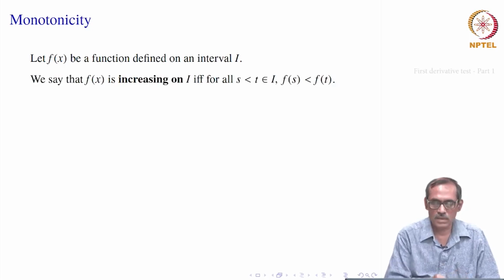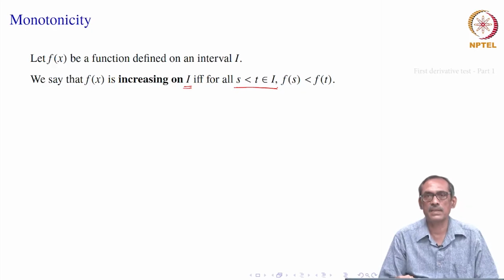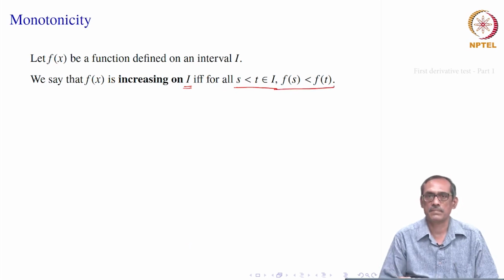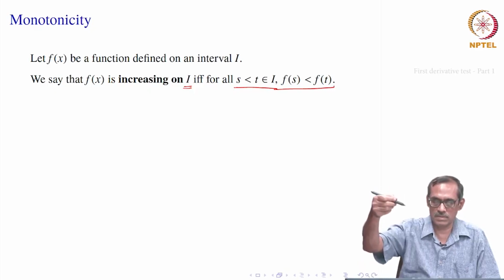Now for this function we say that it is increasing on I. You could have taken a subset of that I, say J, and said that it is increasing on J, but we are writing directly on I. f(x) is increasing on I if, for any two points s and t inside that interval I, s less than t implies f(s) is less than f(t). So t is to the right and f(t) is above f(s). That is how you say it is climbing up or it is increasing.